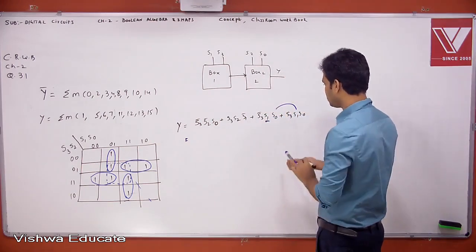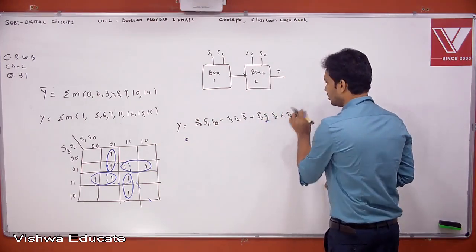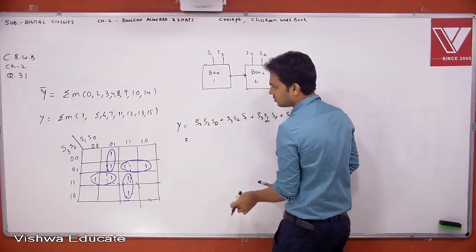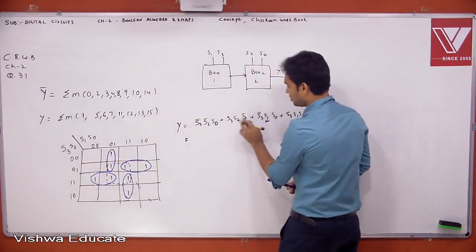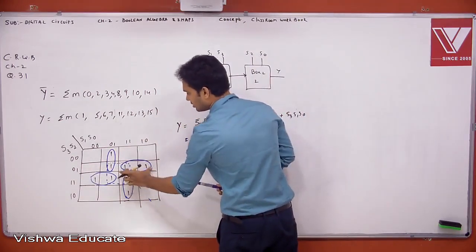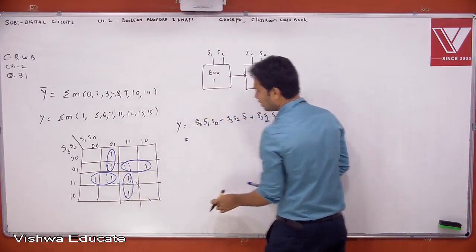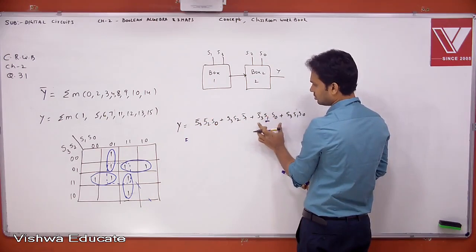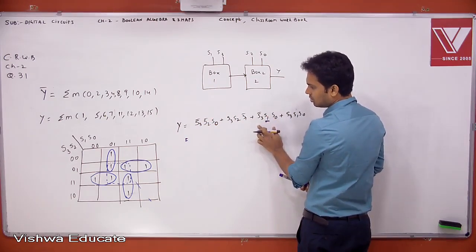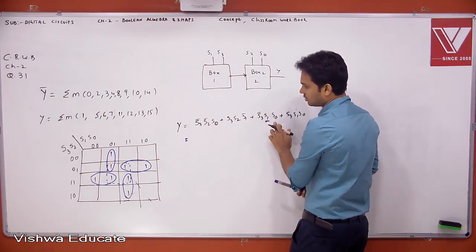Now you see here, let us check in other also. Next one is what? S3 S2 into S1 bar, right? For this S3 bar S1 into S0, right?